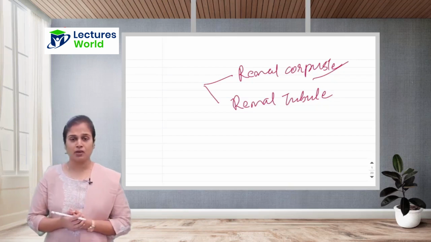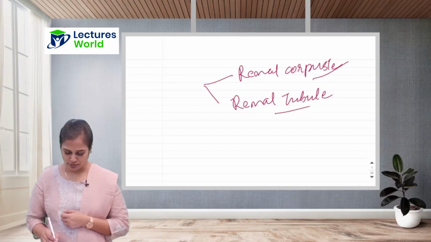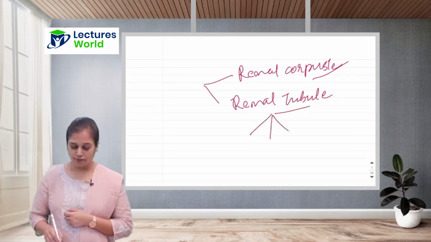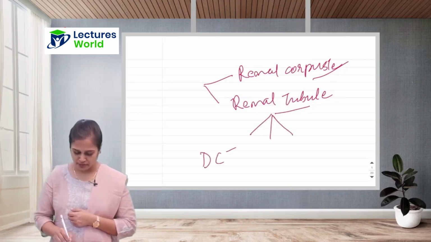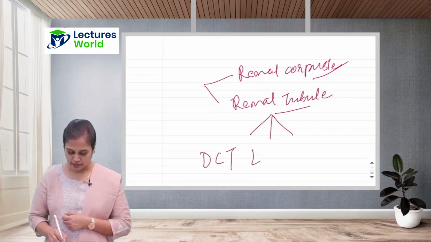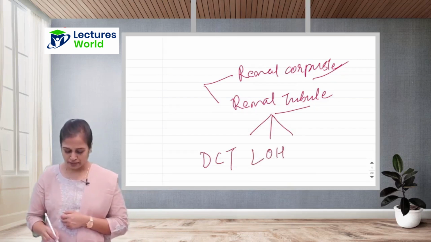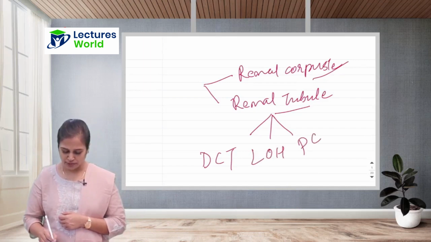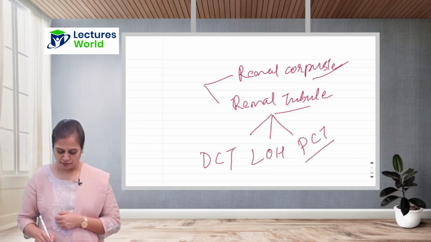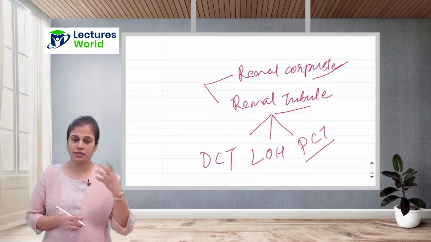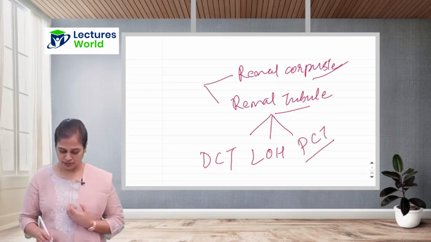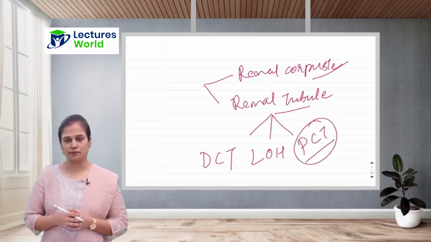This nephron has the tubules also. There are three tubules. First is the proximal convoluted tubule, second is the loop of Henle, and the third is the distal convoluted tubule. Now the proximal convoluted tubule is near the renal corpuscle, so that's why it is called the proximal convoluted tubule.